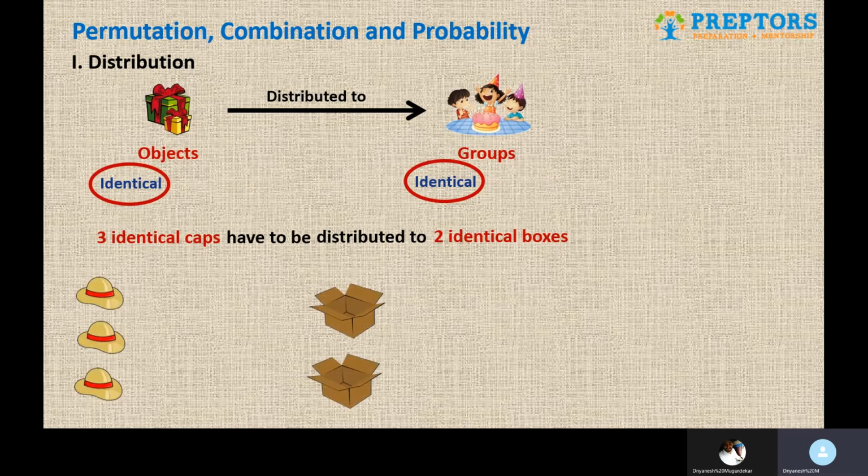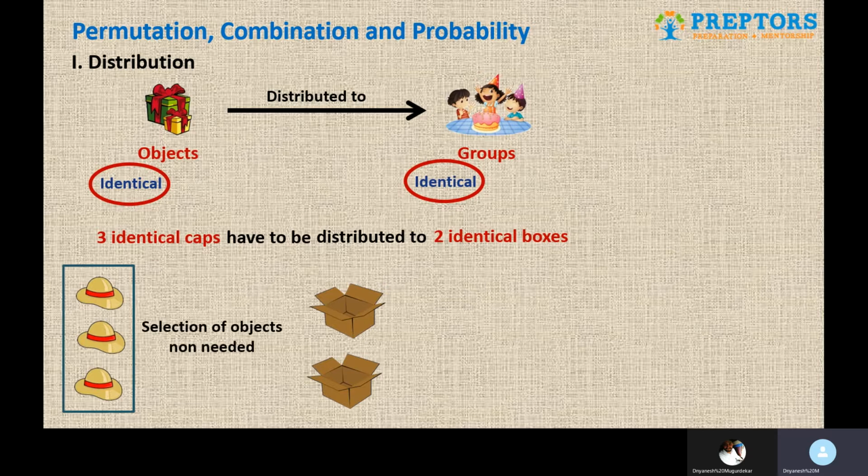So if the identical caps are there, the selection of the objects is not important because which cap is selected doesn't really matter because all are the same. The boxes in which they are supposed to go are also identical. So that means which box gets how many is also irrelevant. So there can be only two possibilities.